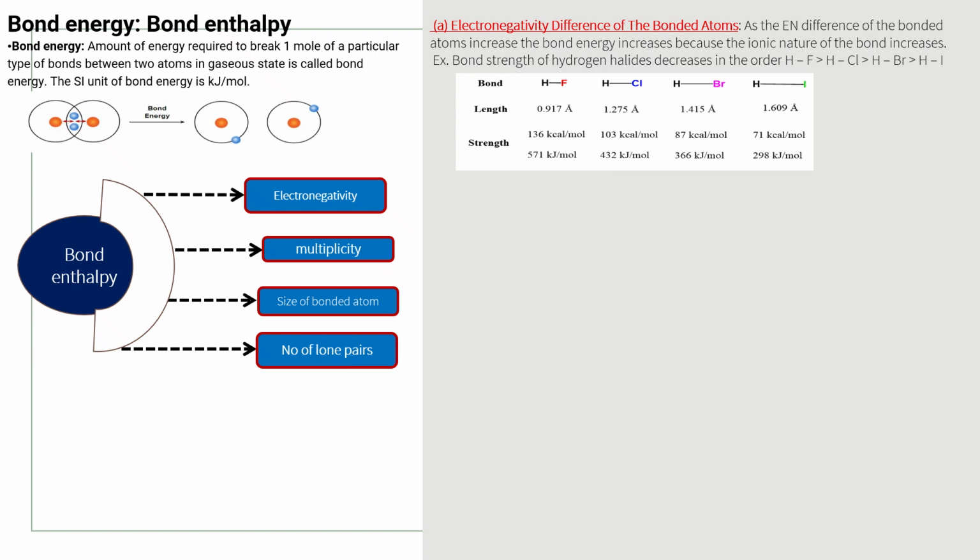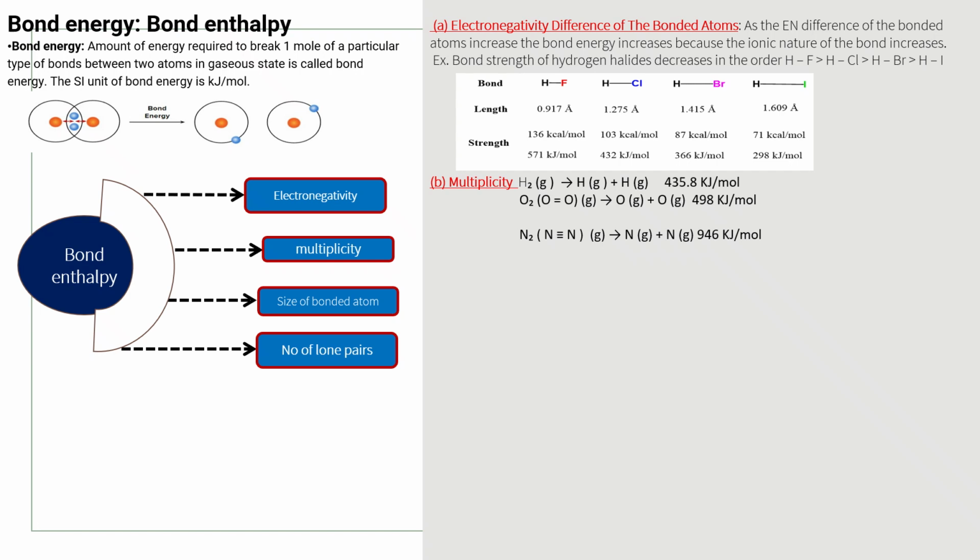Next one is multiplicity. The hydrogen molecule is formed by a single bond between two atoms. If you want to break the bond between these two atoms, it requires 435.8 kilojoules per mole. In oxygen molecule, the two oxygen atoms are bonded with a double bond.